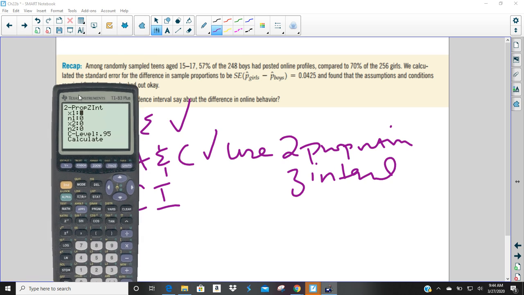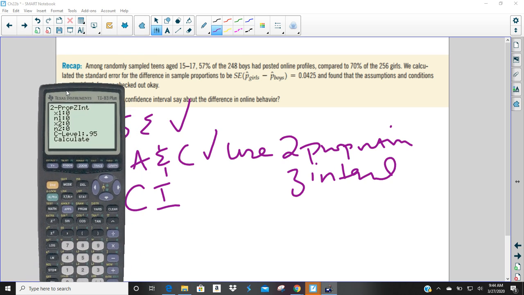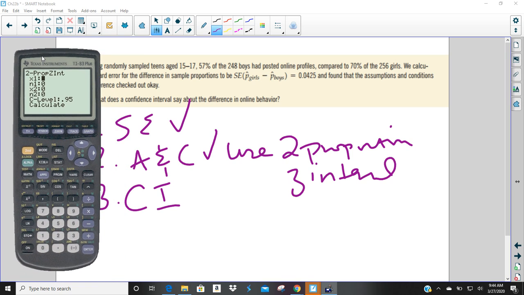It's asking me for my X and my N. My X is going to be the number of people. So in this case, I have 57%. So I'm going to need to do 0.57 times 248. And I get a decimal, so I have to change that. Remember that we have to change it. So I'm going to do 141 and 248.